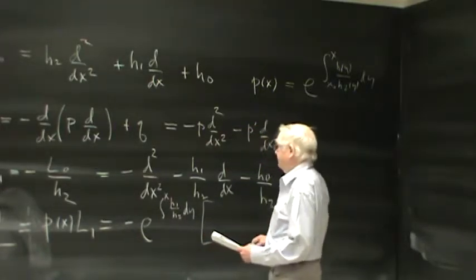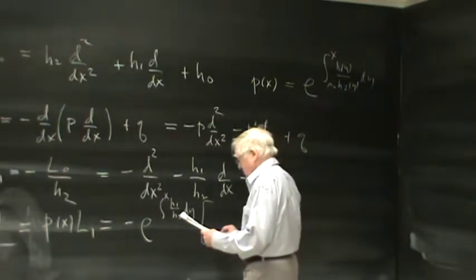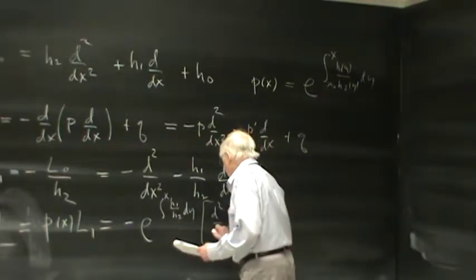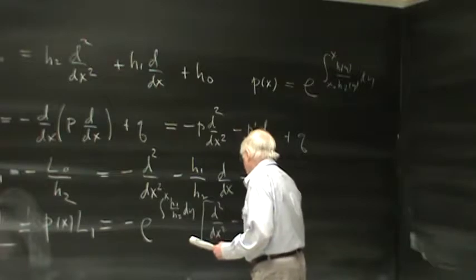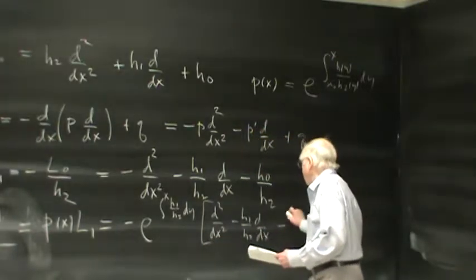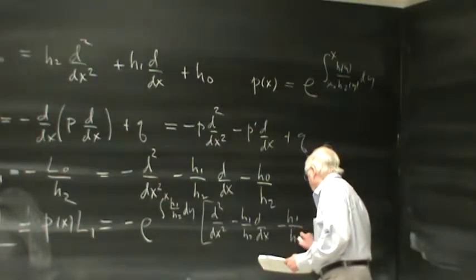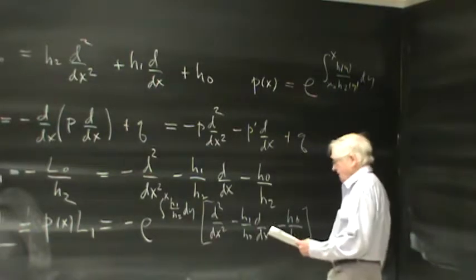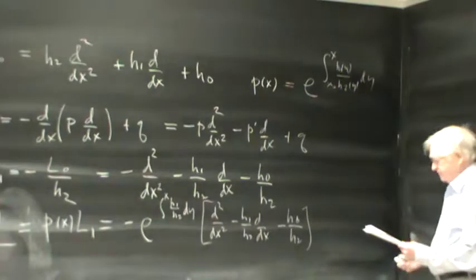And the rest of it is L1, which is d2 dx squared minus h1 over h2 d by dx minus h0 over h2. Well, there, that.